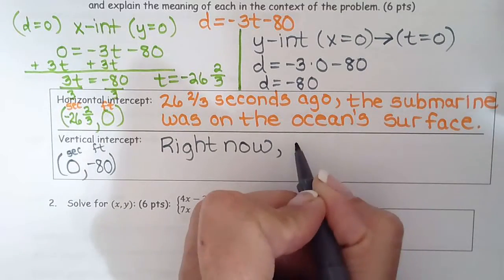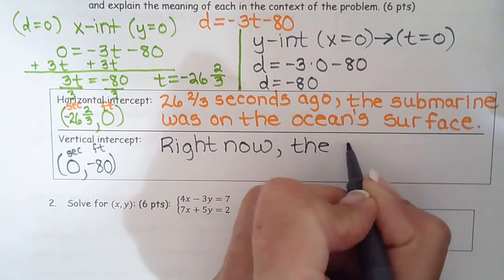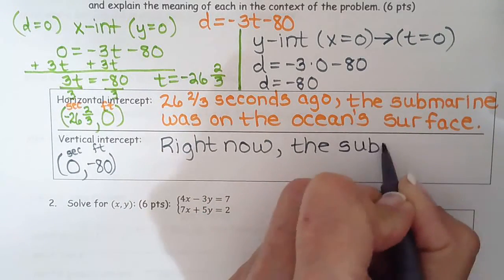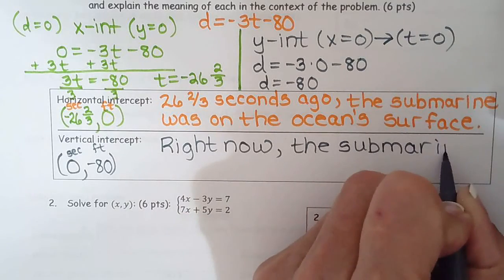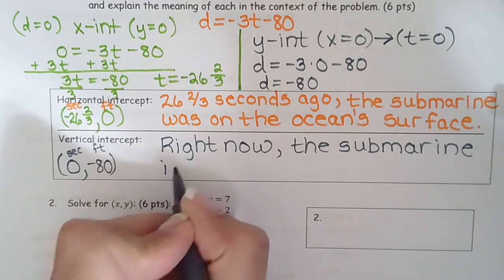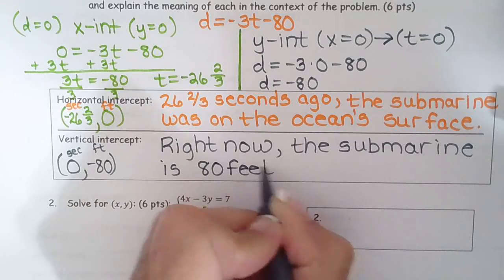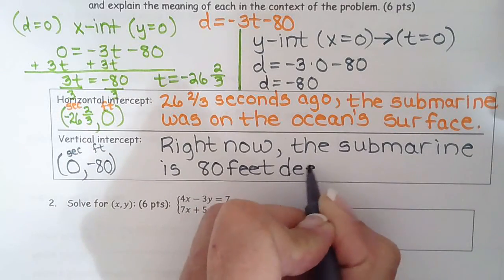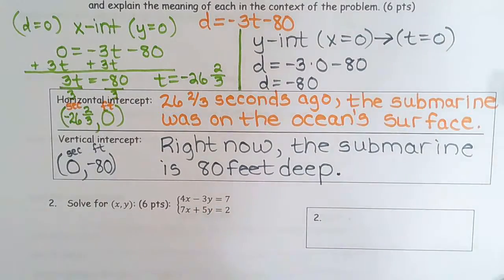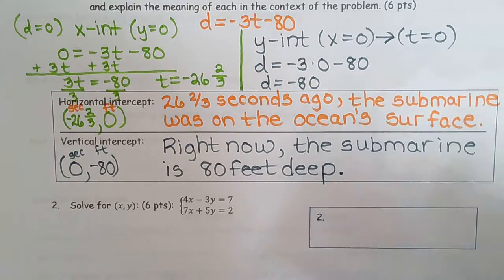Right now, the submarine is, how about 80 feet deep? We could say that. Or 80 feet below the ocean surface. Any of those. I just picked the one that was easiest to write. And we wouldn't say negative because that's the deep part. That means we're down under.